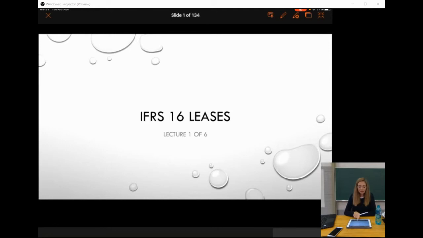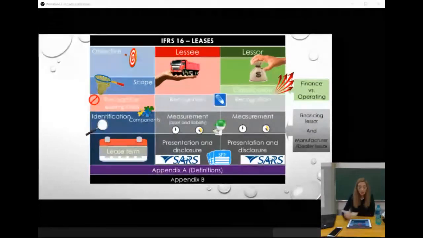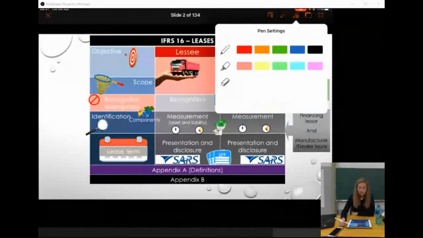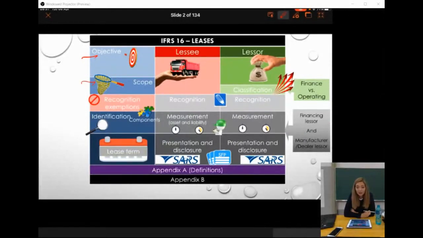If we look at how the standard is set out, it starts off with the objective and the scope, and that's general for the lessee and for the lessor. Then we have some recognition exemptions that only apply to the lessee.